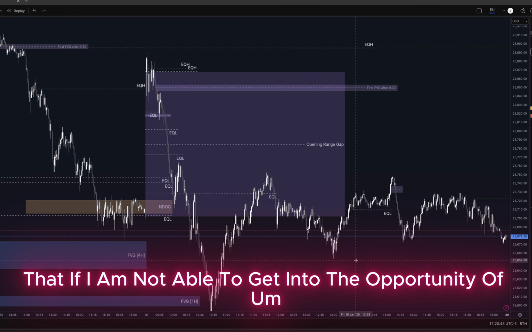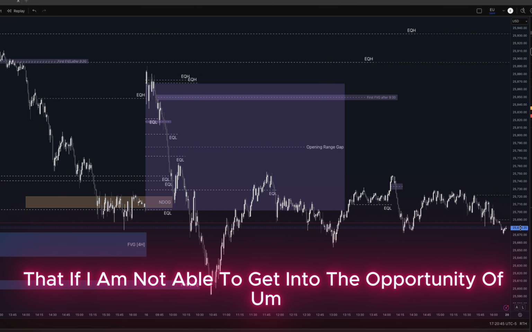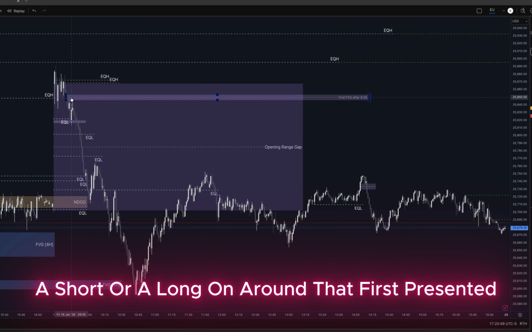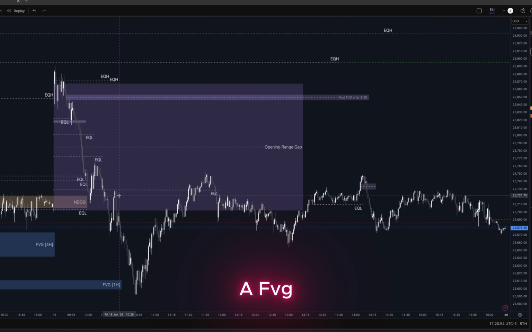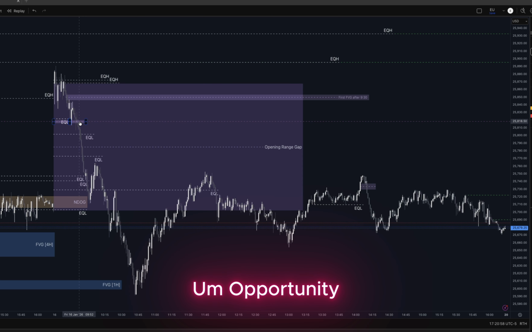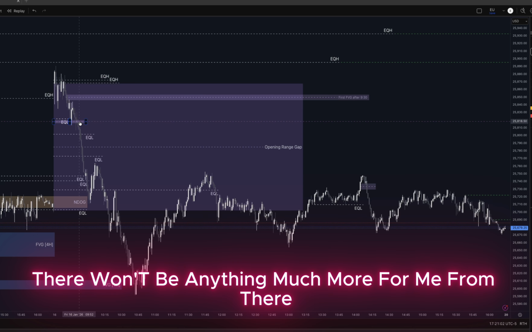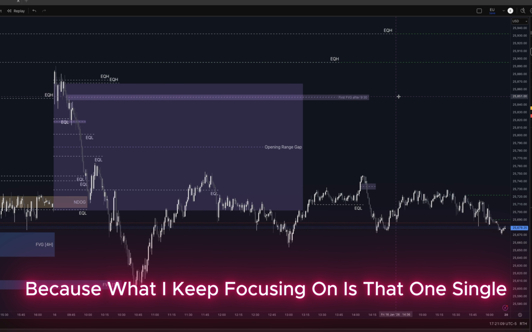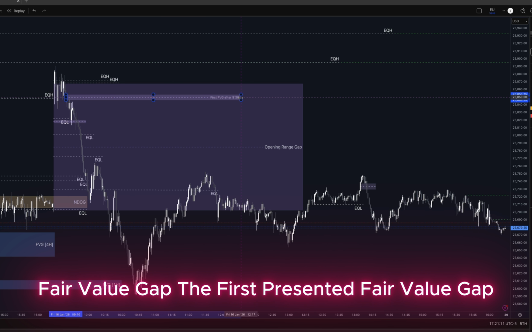I know for a fact that if I am not able to get into a short or a long around that first presented fair value gap, after that I would need to maybe look for another opportunity, but there won't be anything much more for me from there, because I just won't allow myself to trade. What I keep focusing on is that one single fair value gap, the first presented fair value gap.